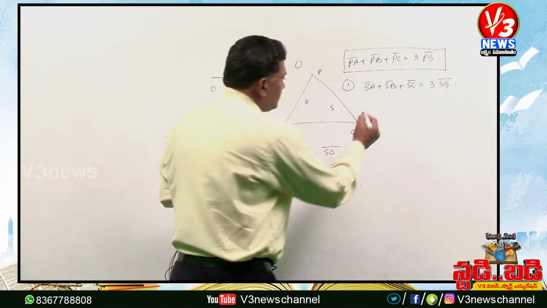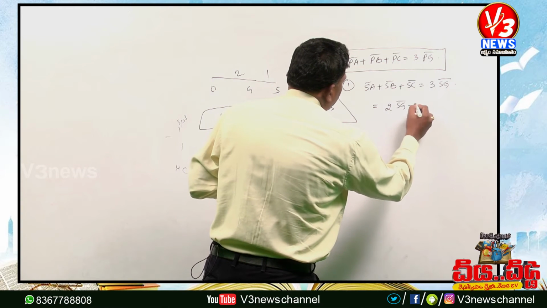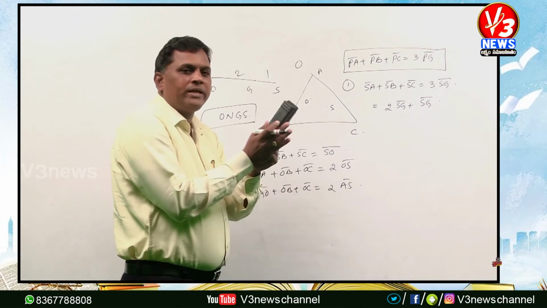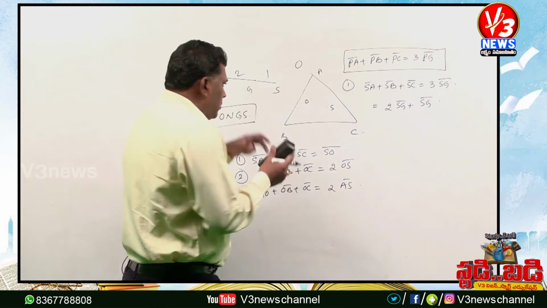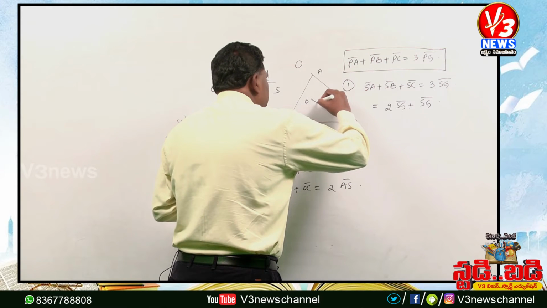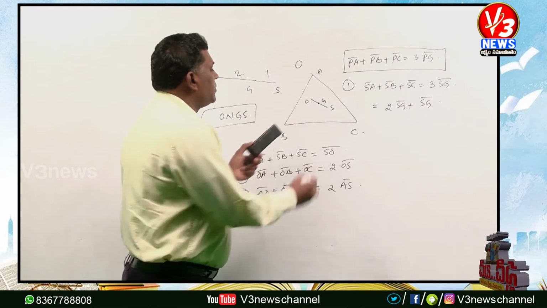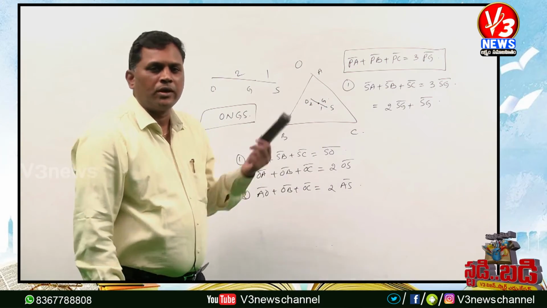Now, 3 SG bar, I am writing it as 2 SG bar plus SG bar. 3 written as 2 plus 1, that is all. Somewhere here we have 2, and it is in 2:1 ratio, already you know it.